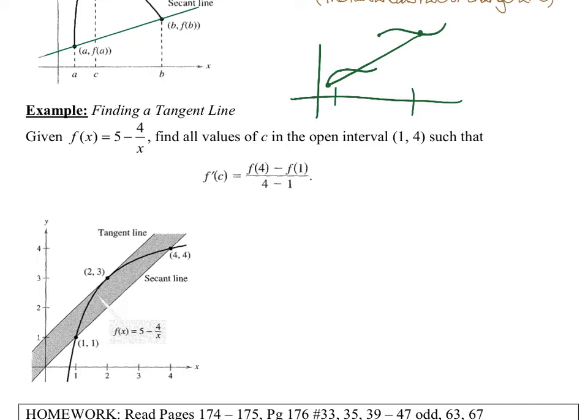So I can't guarantee it. This is one of those things we can call an existence theorem. It just says that something exists. It doesn't tell us what it is. It just says that there is one.